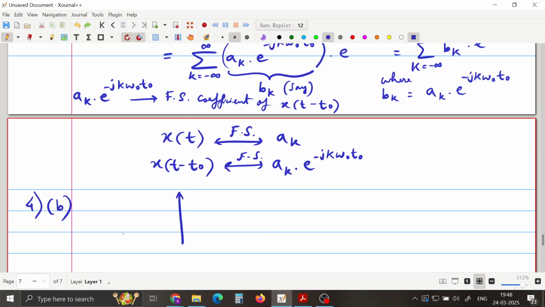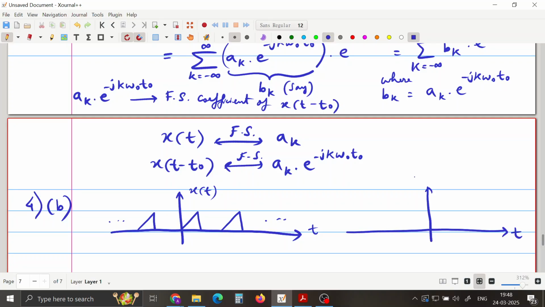Since we are dealing with periodic signals, let's say it has something like this, and so on. If x of t has this kind of a nature, then what is my x of minus t?